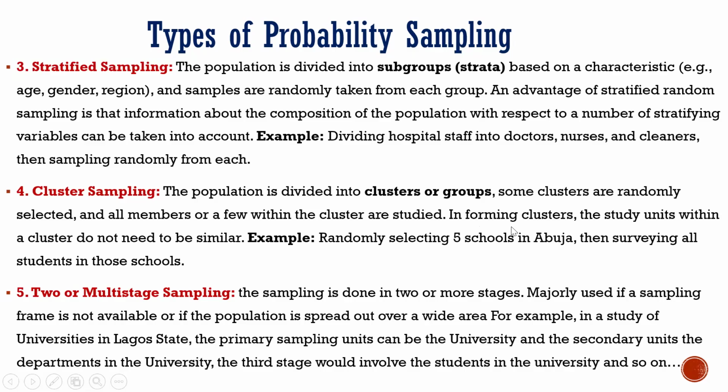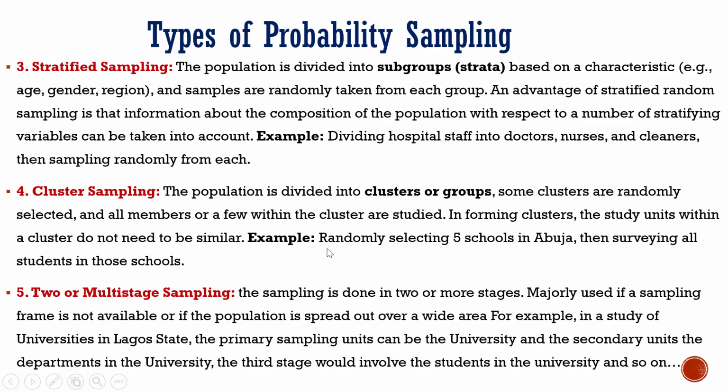In forming clusters, the study units within the cluster do not need to be similar, just like in stratified, where they need to be similar. You have to differentiate them into similar characteristics. For example, randomly selecting 5 schools in Abuja. Maybe you are studying phone screen time among secondary school students in, let's say, Lagos.